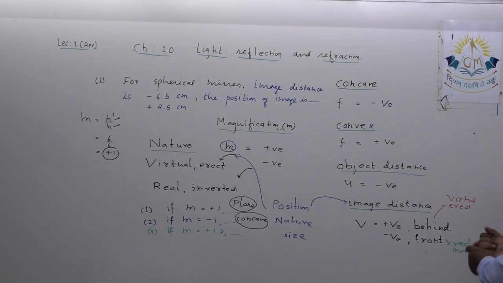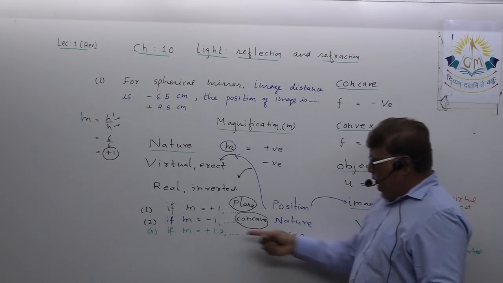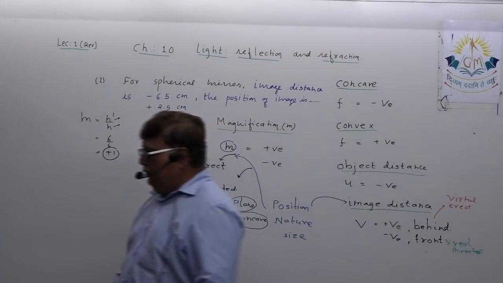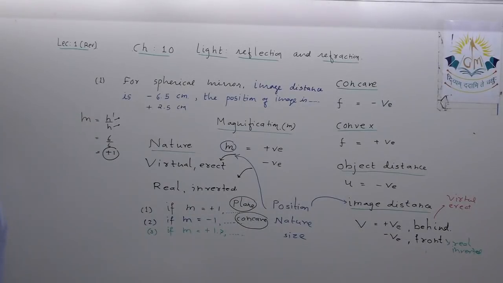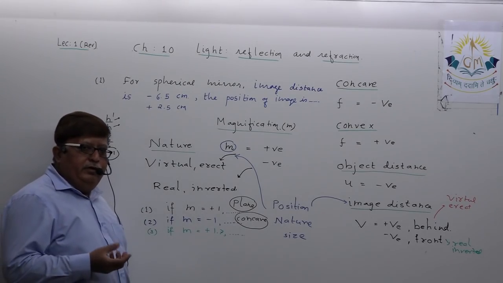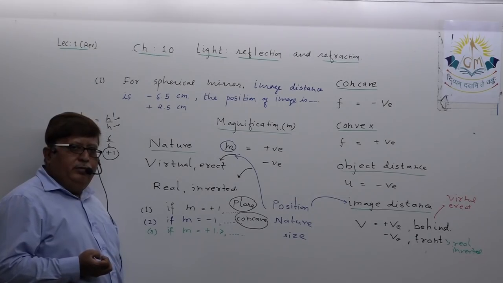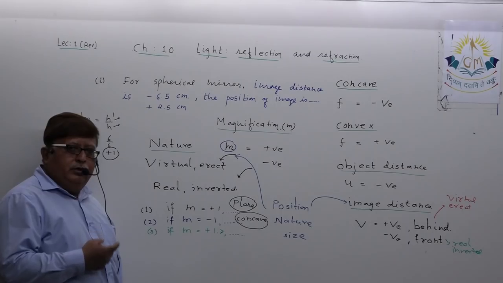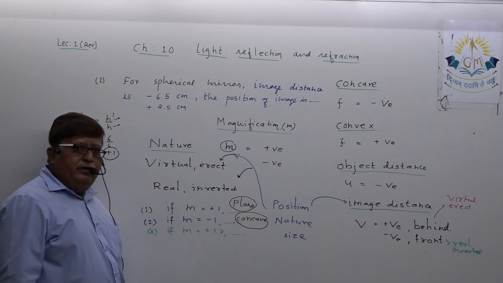I have already written m equal to plus 1.7, and I have asked you what could be the type, nature and size of the image and which mirror can produce this value of magnification.